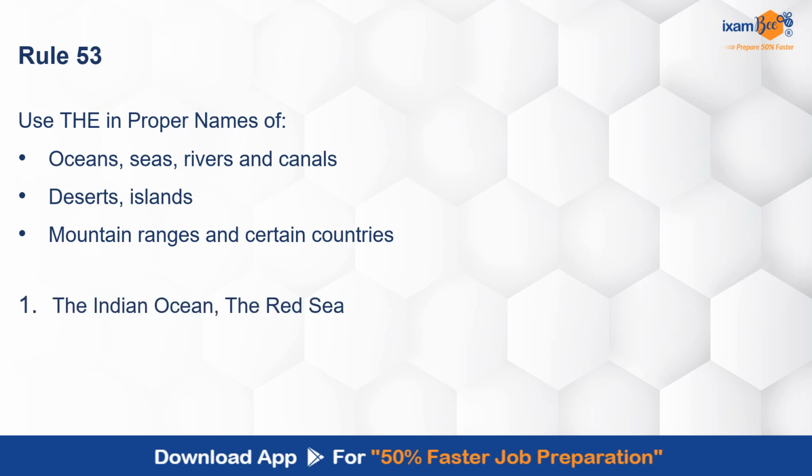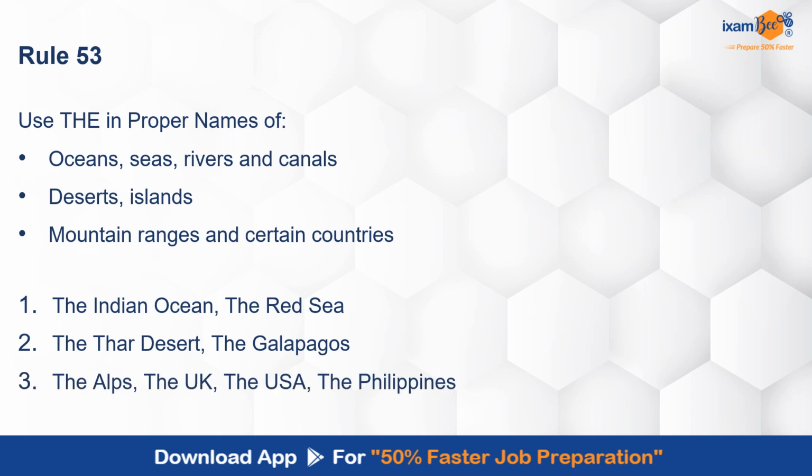For oceans, the Indian Ocean, the Red Sea, the Thar Desert, the Galapagos, or the Alps, the UK, the USA, the Philippines. When we talk about the UK, it was a part of small kingdoms, and collectively they were called the UK. The USA, again, it is United States of America, different states combined to form one. Philippines, again, different islands combined to form one.